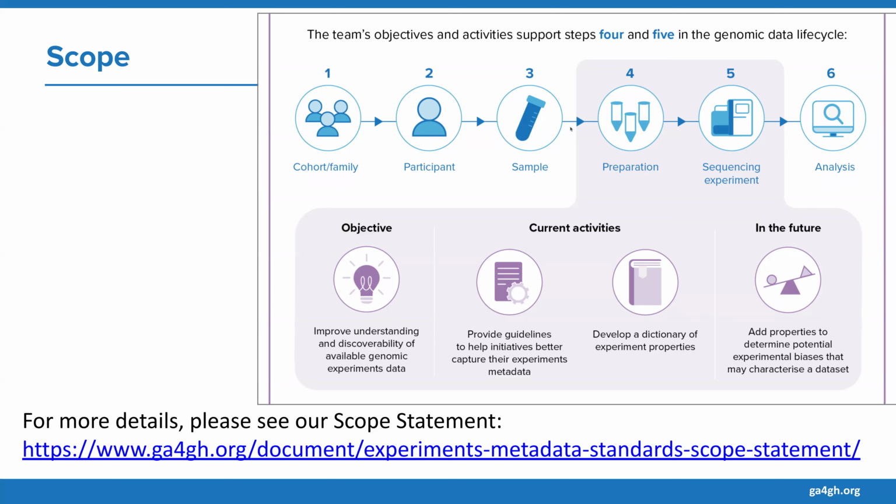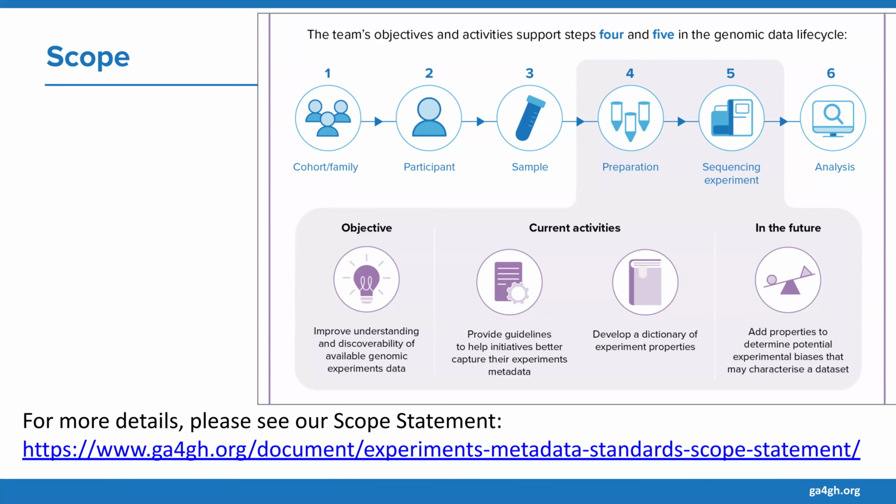These biological samples are being prepared as libraries to be sequenced, and then they are actually sequenced on the machine. And finally, they're being analyzed through a bioinformatics analysis pipeline. And what we're looking at here in this checklist is really steps 4 and 5, the library preparation and the actual sequencing on the machine.